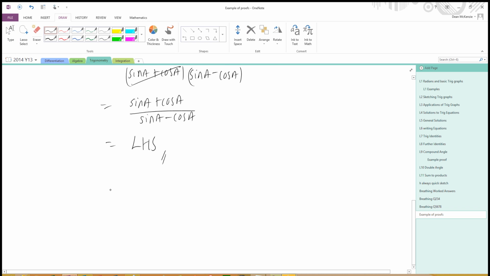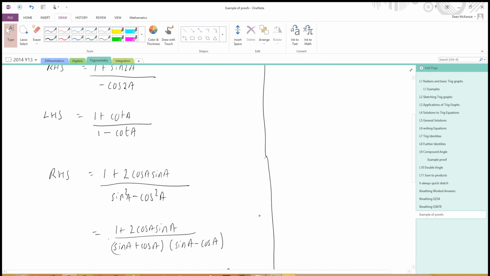A lot of this was the fact that x plus y all squared equals x squared plus 2xy plus y squared. You had to know how to expand x plus y all squared, and also the fact that x squared minus y squared is x plus y, x minus y. Those were the two algebraic things that they expected you to recognize in this proof.